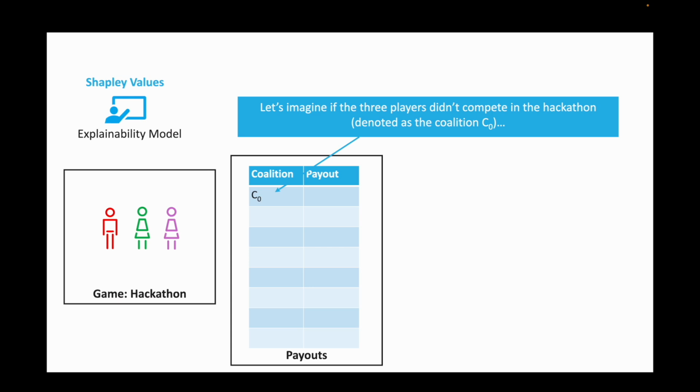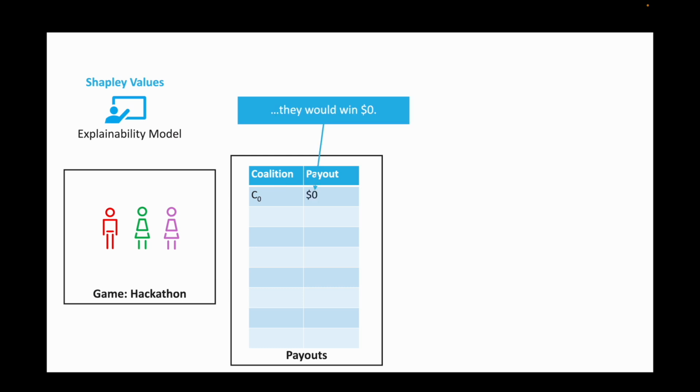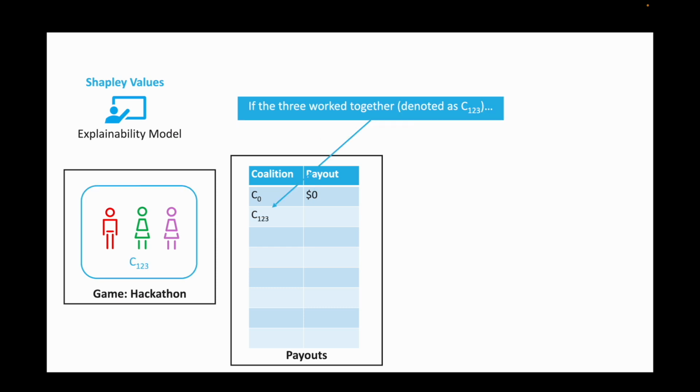Let's imagine if the 3 players didn't compete in the hackathon, denoted as the coalition C sub 0, they would win $0. If the 3 work together, denoted as C sub 1, 2, 3, they receive a prize of $20,000.